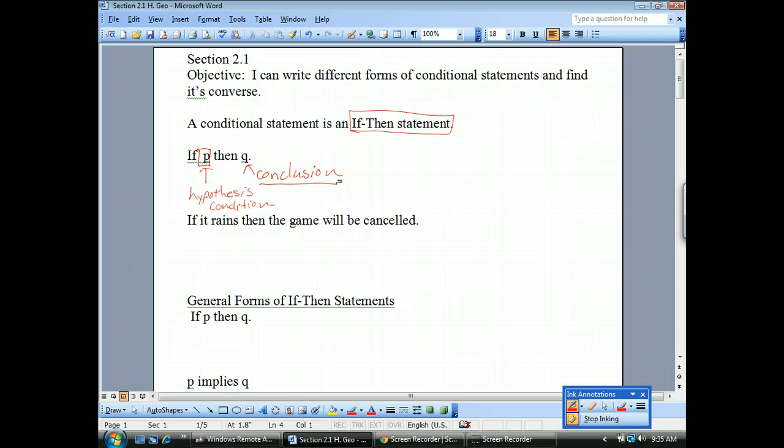So for instance, I have the statement, if it rains, then the game will be canceled. So the hypothesis in this is it rains. That's the hypothesis or the condition. It's raining outside. If it's raining outside, then the conclusion will come.